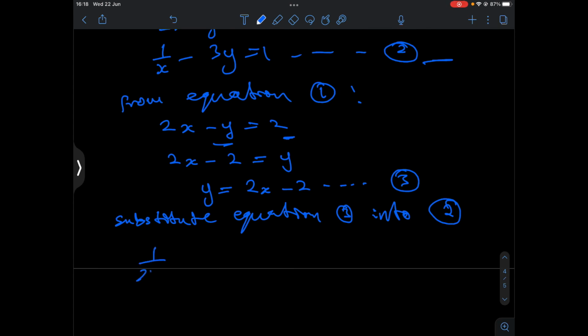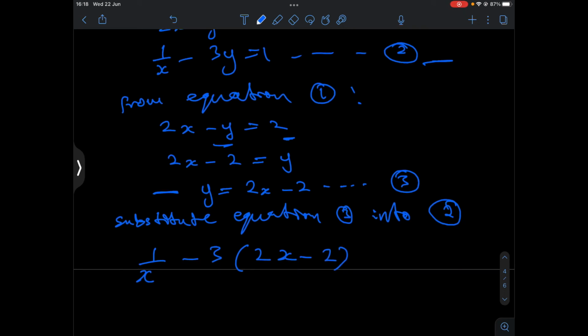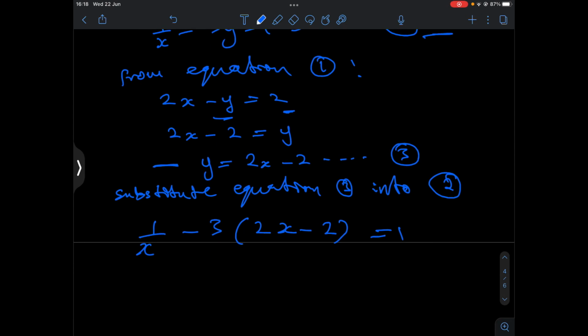So it's 1 over x minus 3 times y, which is 2x minus 2 from equation 3, all equals 1. So now let me expand the brackets there. It's 3 times 2x, it gives us minus 6x, negative 3 times negative 2 gives plus 6, minus 1 equals 0.